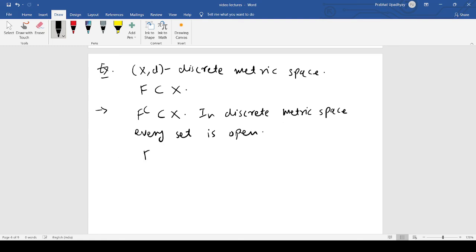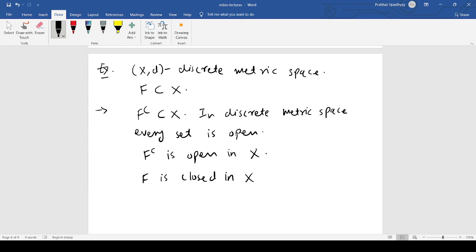That means you can say F complement is open in X. And what does it mean? F is closed in X. So every subset of a discrete metric space is closed. In fact, every subset of a discrete metric space is open as well as closed.